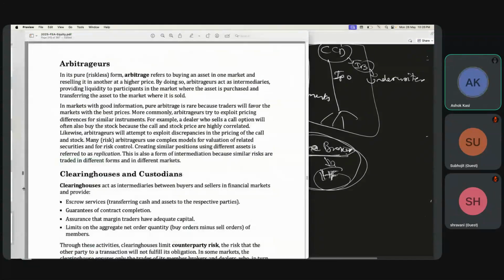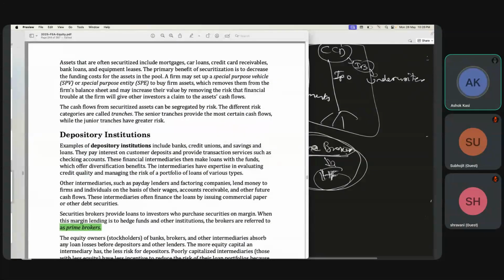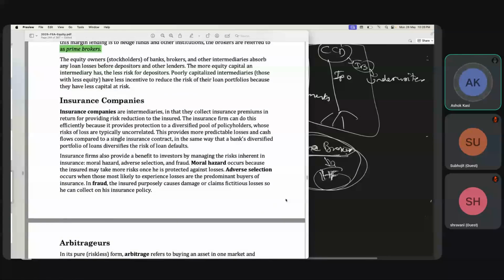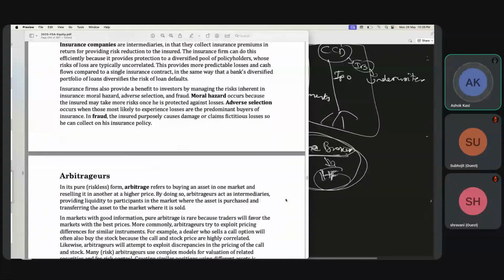Then insurance companies, all of you would be knowing, right? Then here, moral hazard and adverse selection. So what is the difference? Moral hazard occurs because the insured may take more risk once he is protected against the losses.